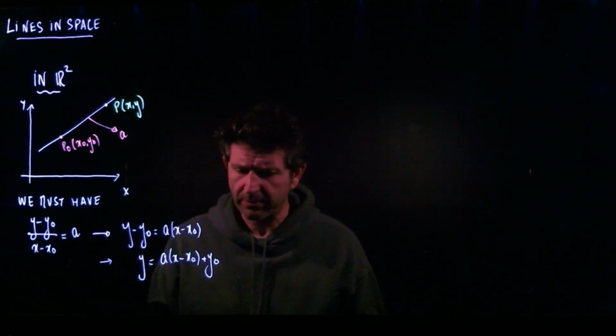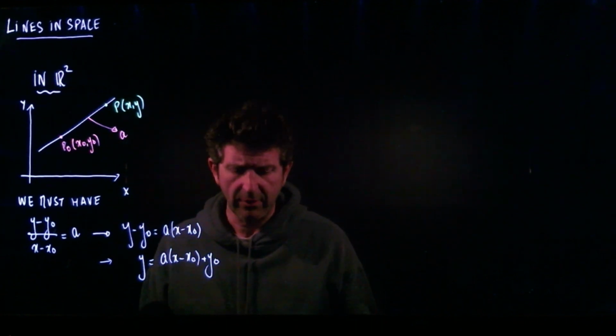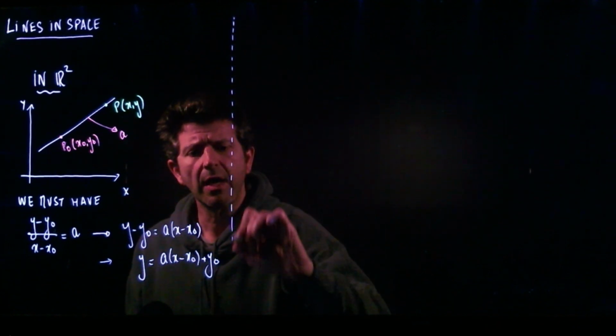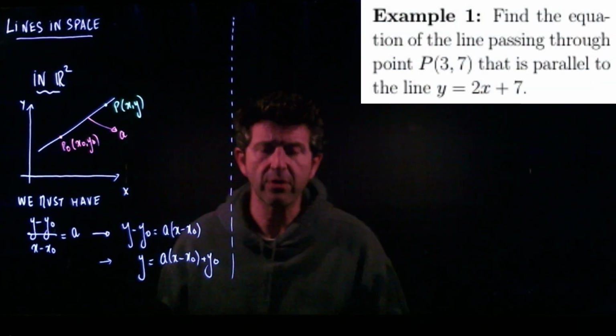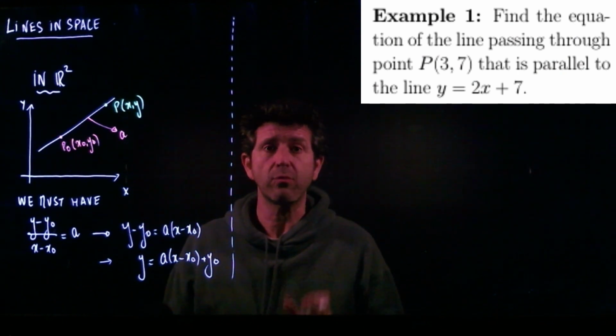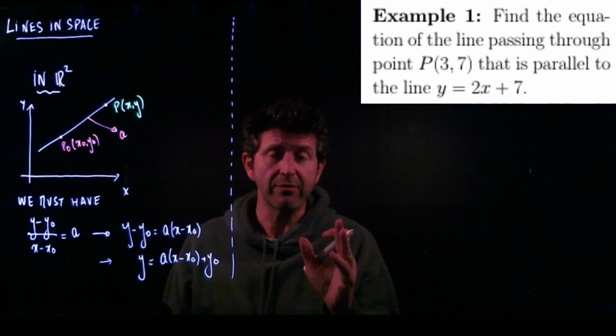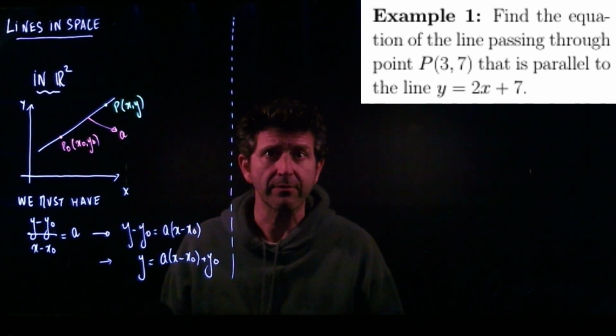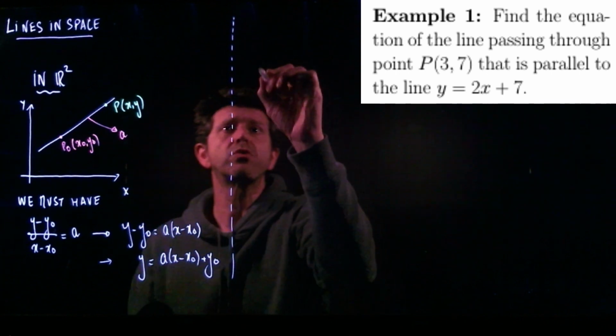Let's do an example, just to be clear. So I'm going to separate this here, and let's do this example right here. We're asked to find the equation of the line passing through point P(3, 7) that is parallel to the line y equals 2x plus 7. Okay, so solution.